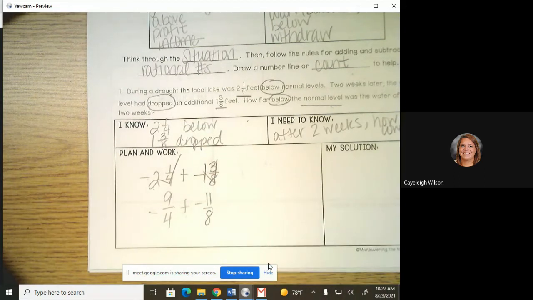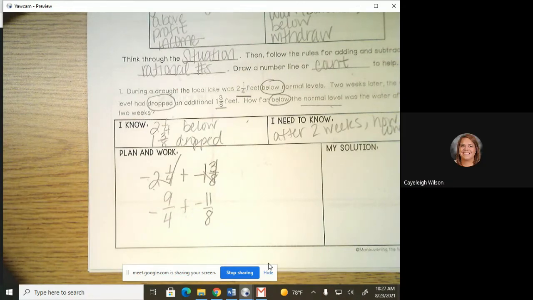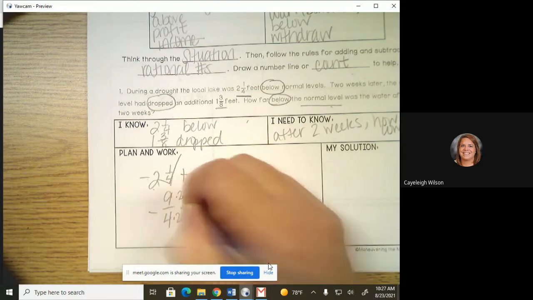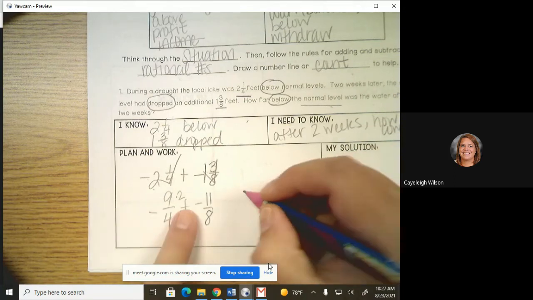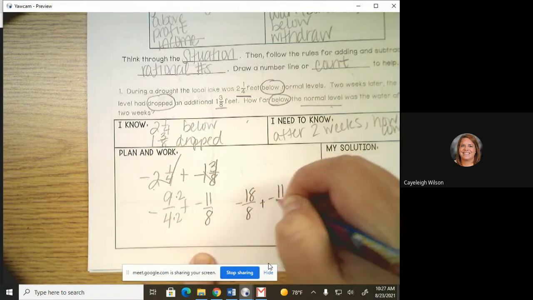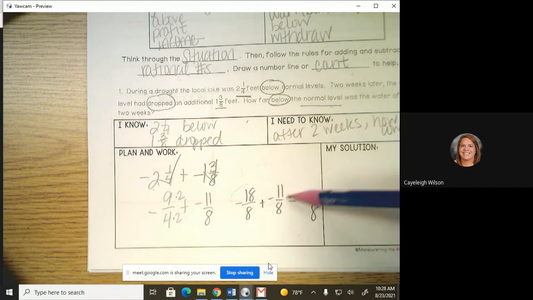And then I'm going to need a common denominator for this. Does anybody know what common denominator I would use? 8. Okay. So I'm going to multiply this one by 2 because the other one already has an 8. So 9 times 2, that's going to be 18 eighths. And then that same sign, add and keep, I know it's going to be something over 8, so I'm going to look at just the tops.